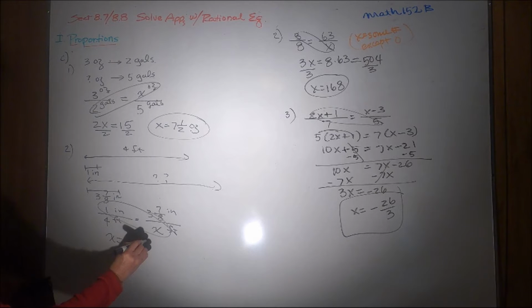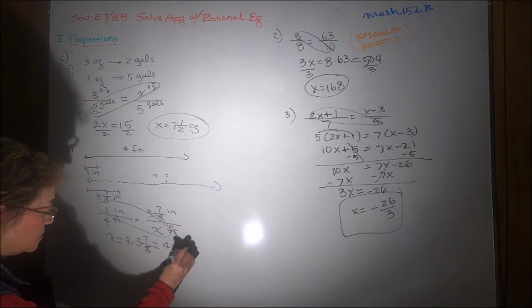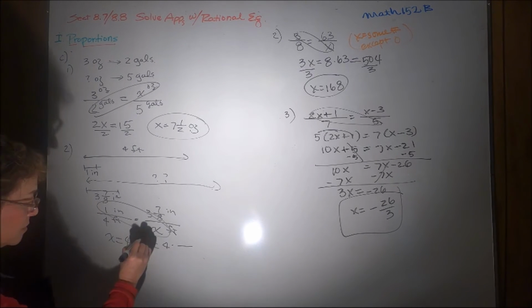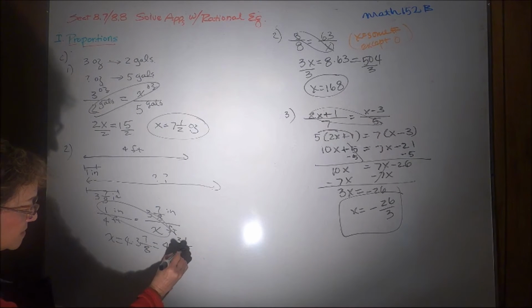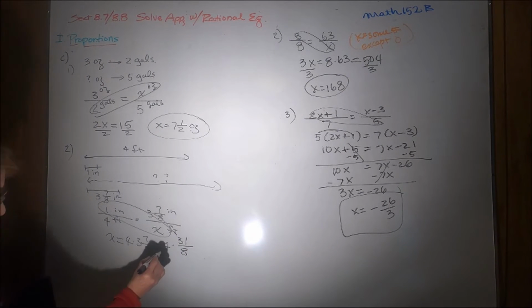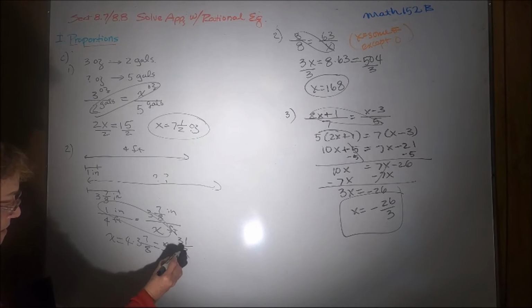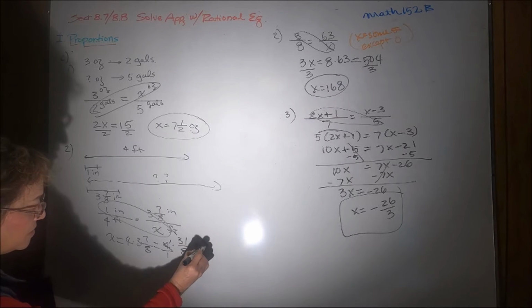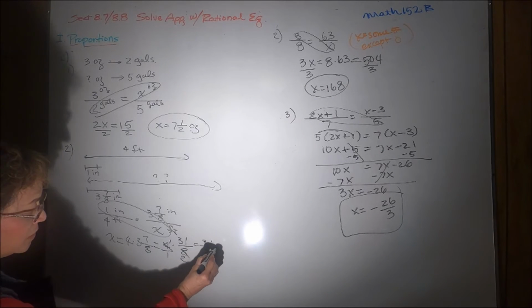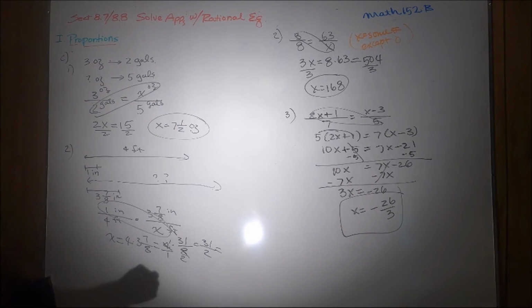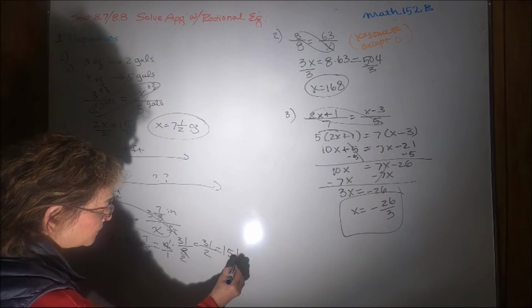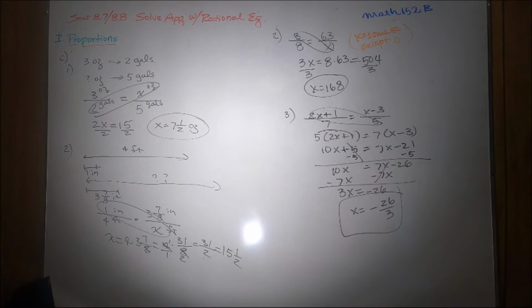4 times 378 for the fractions. So you change the mixed number to an improper fraction. So that will be 3 times 8 over 2, 4 plus 7, 31 times 8. So then you put a 1 underneath, cross cancel. So that will be 31 over 2, which is equivalent to what? 15.5 of what?